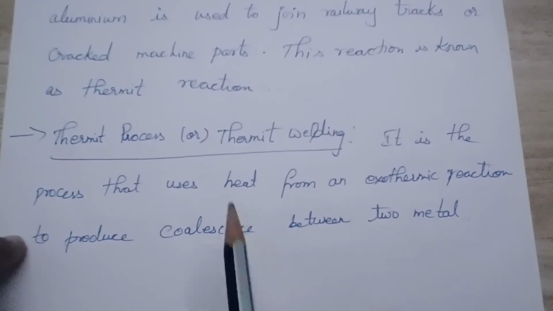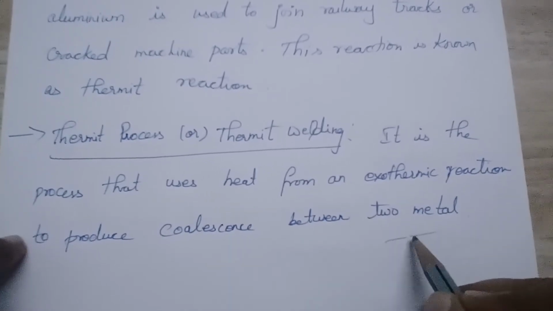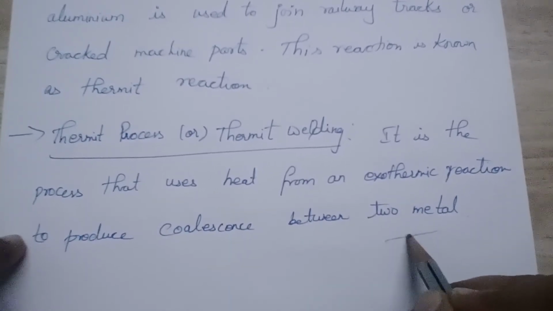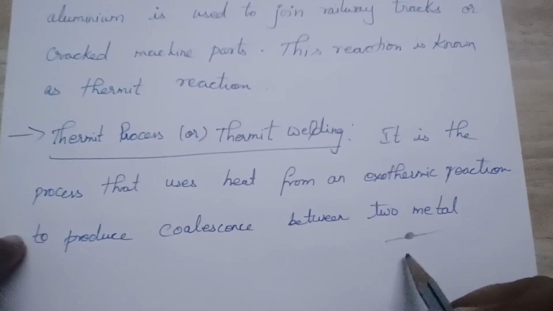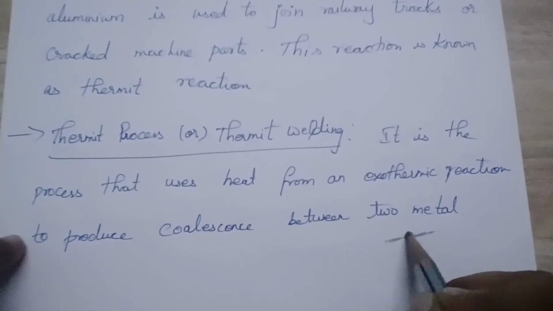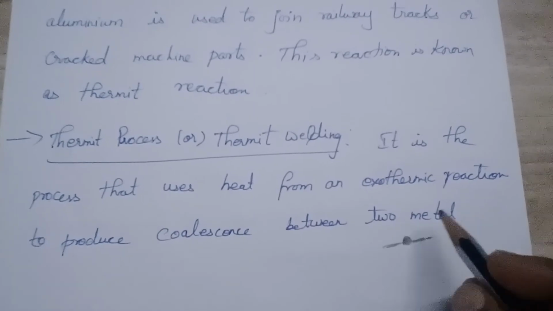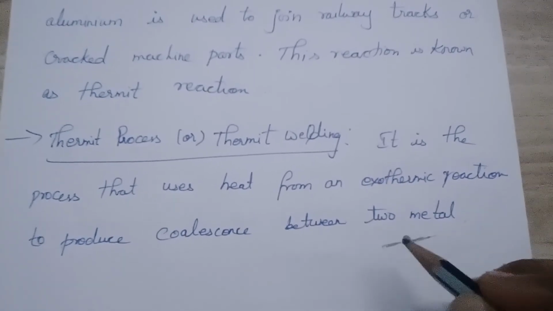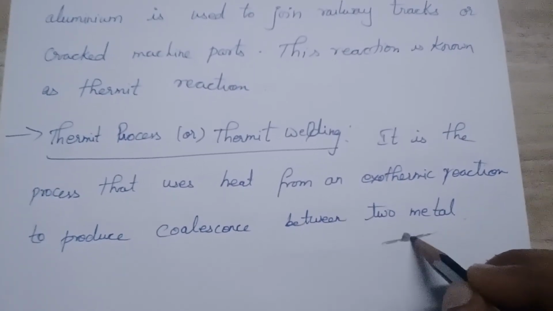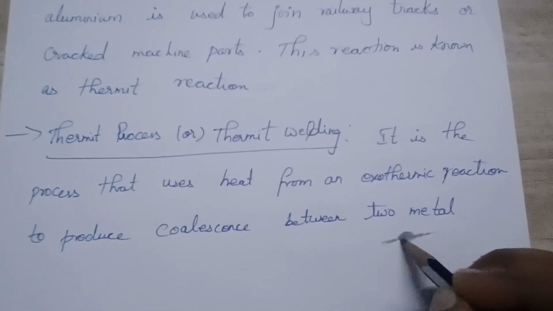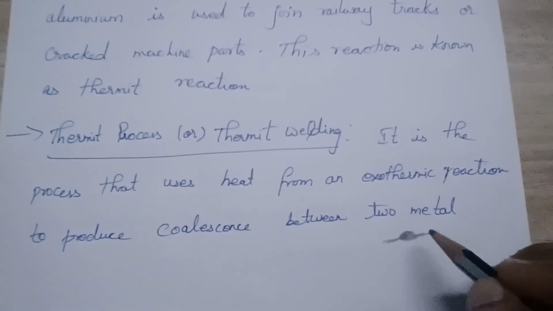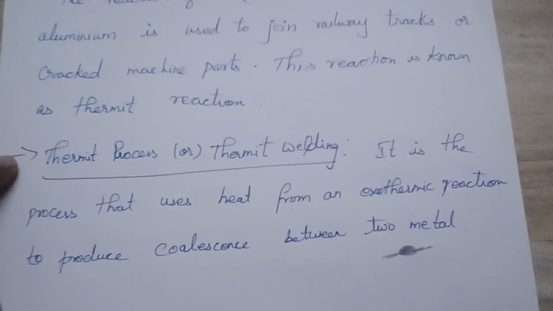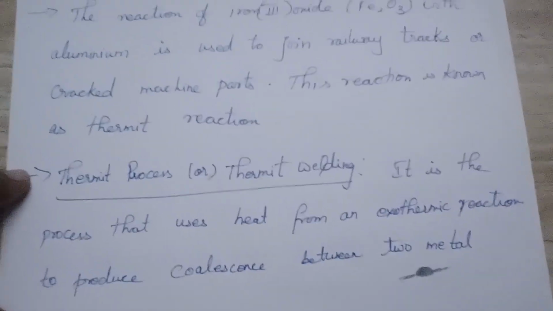In welding, two cracked things are joined using a metal, right? The welding stick will be of some other metal, and it joins them. We are going to make a bond, and this is your welding. For this welding purpose we are going to use this process.